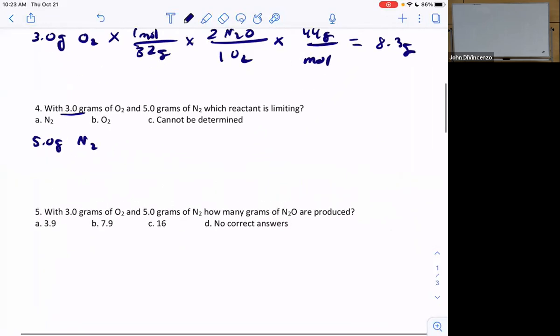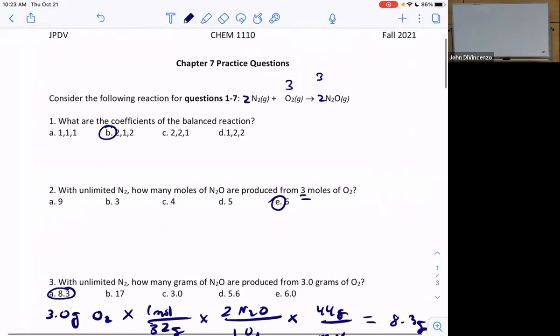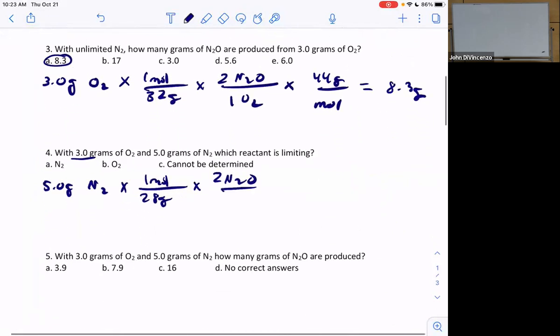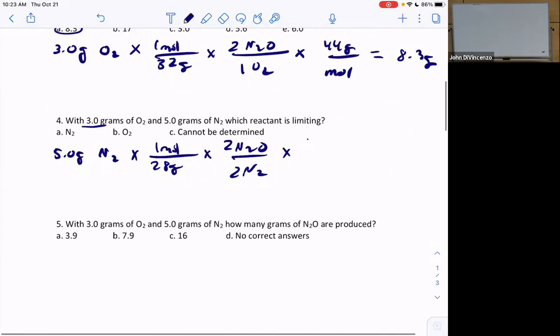Times 28, whoops, it's supposed to be 28 grams per 1 mole, times 2 N2O, and of course the balancing is for every 2 N2, and then times, this will be the same, 44 grams per 1 mole, and what do we get there?